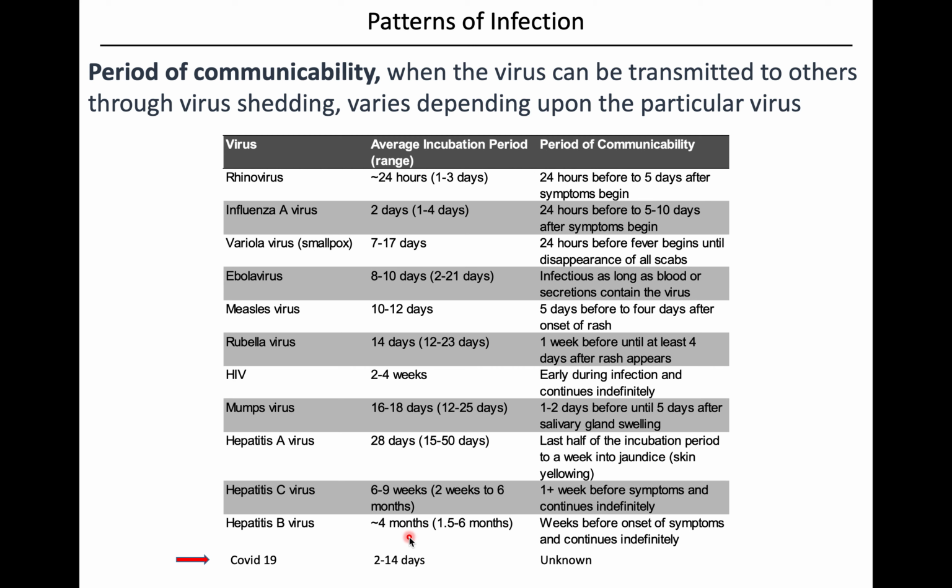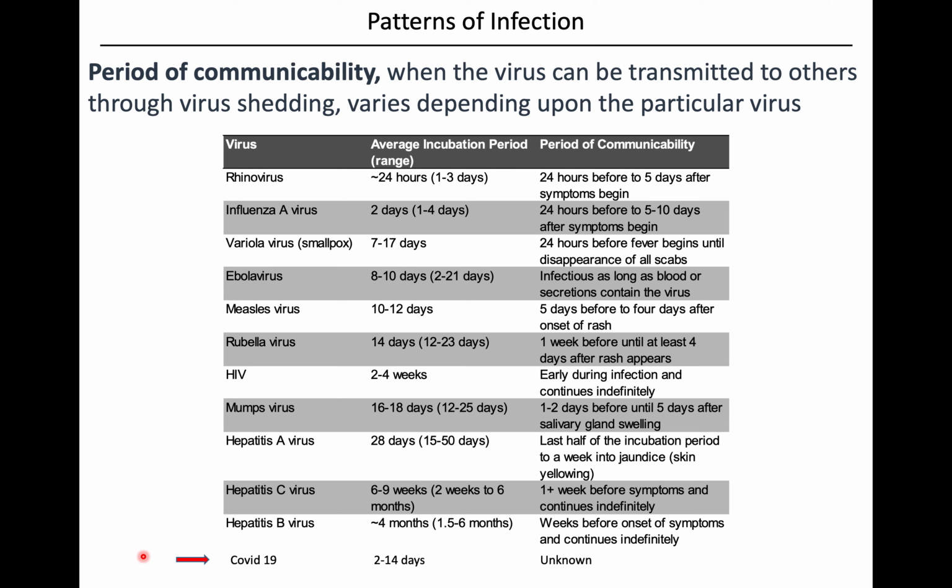So that's a big range. Period of communicability, again, rhinovirus, it's about 24 hours before to 5 days after symptoms happen, kind of on the shorter end. And then you've got some viruses like HIV, where it basically extends from early in the infection to forever. For the rest of your life, you would be capable of transmitting that virus.